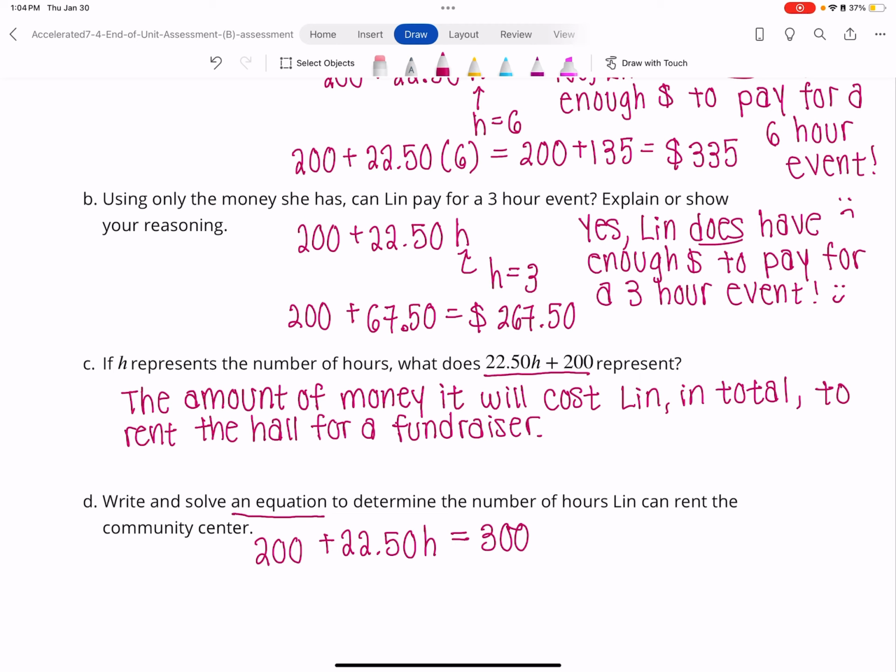And so we are going to solve for h by subtracting 200 on both sides. And lastly, dividing both sides by 22.50.